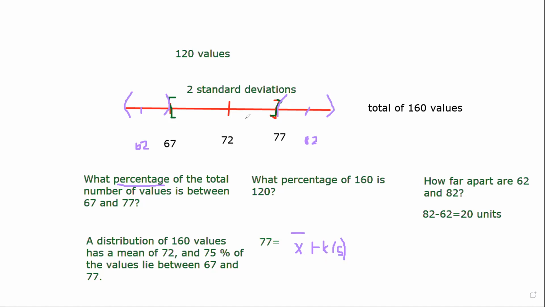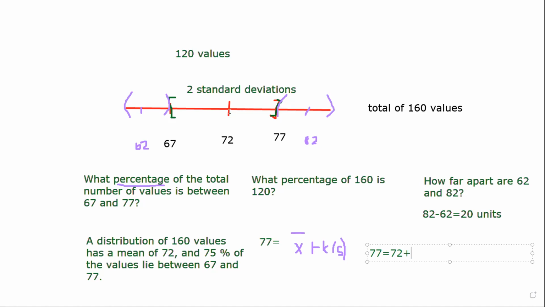So if I say, well, okay, then 77 is equal to 72 plus K S. Now this is tricky because two standard deviations is the whole interval, right?